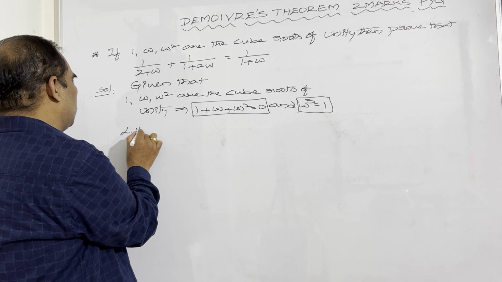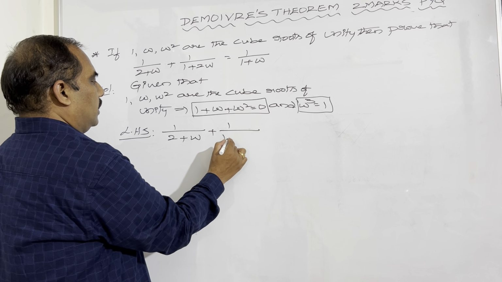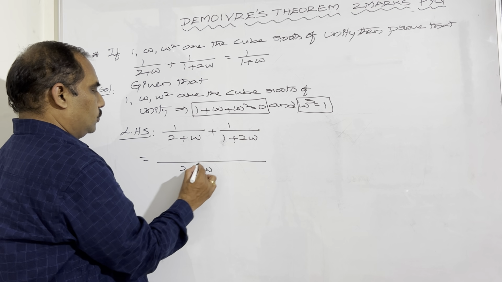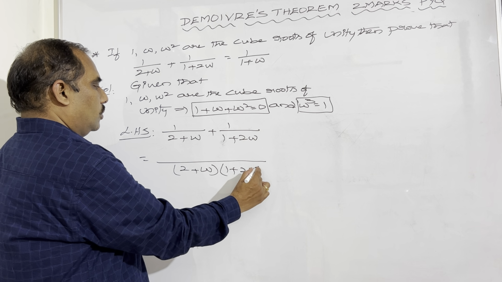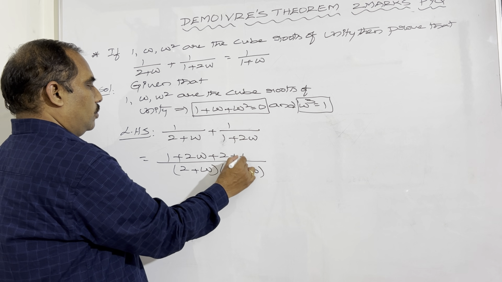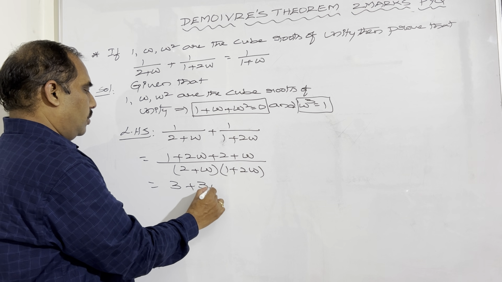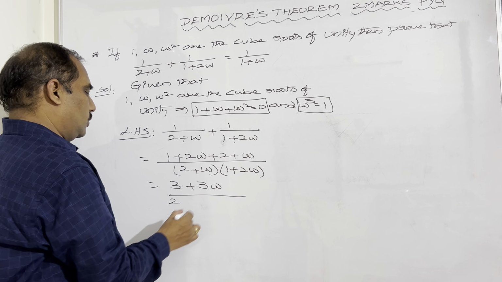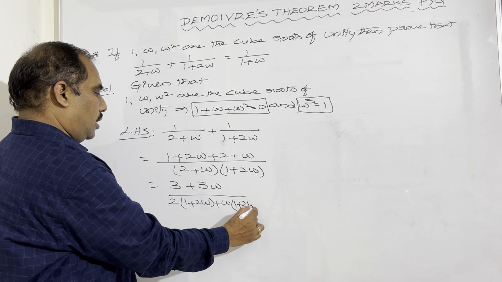Now taking LHS, we have 1 by 2 plus omega plus 1 by 1 plus 2 omega, which is equal to, if you take the LCM here, 2 plus omega into 1 plus 2 omega, so in the numerator we get 1 plus 2 omega plus 2 plus omega, which is 1 plus 2 is 3, plus 3 omega, whole divided by, here if you multiply, 2 into 1 plus 2 omega plus omega into 1 plus 2 omega we get.